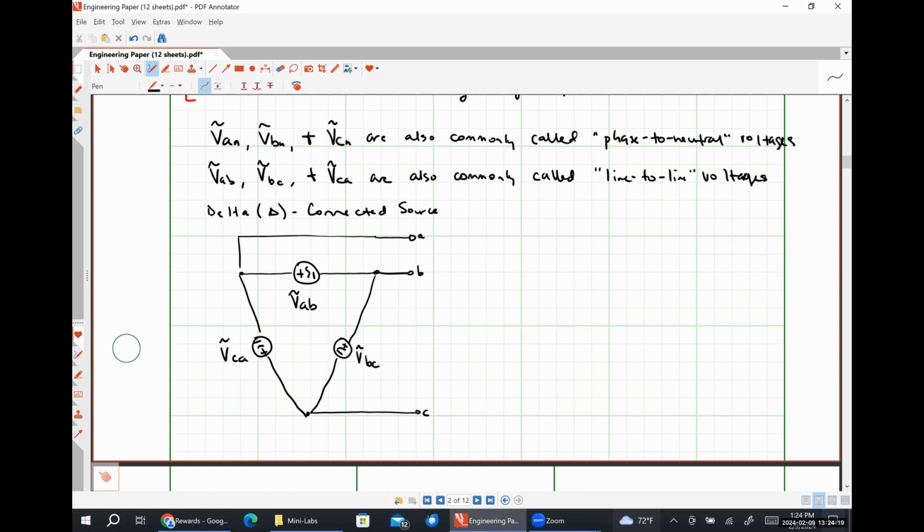So this is my traditional representation, which I also find incredibly cumbersome to use. So instead, I'll usually depict it like this.